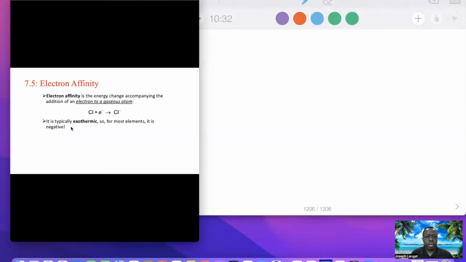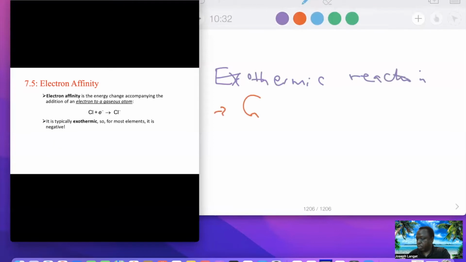This is exothermic. Remember, exothermic means energy is given off. All right, negative delta H, called an exothermic reaction. This reaction gives what?